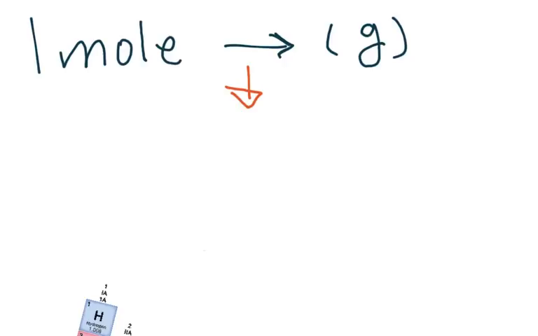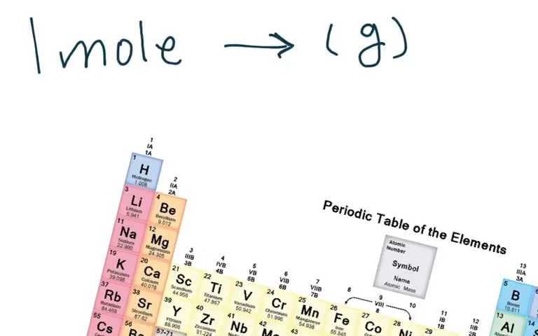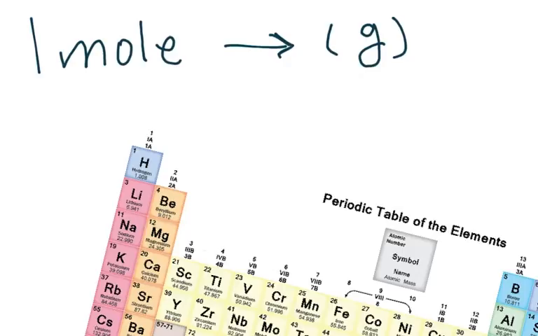For most intents and purposes, it should be bigger than your regular number. So in the case of hydrogen, for example, we have 1 as the atomic number, but we have 1.08 as the atomic mass, or the molecular mass.